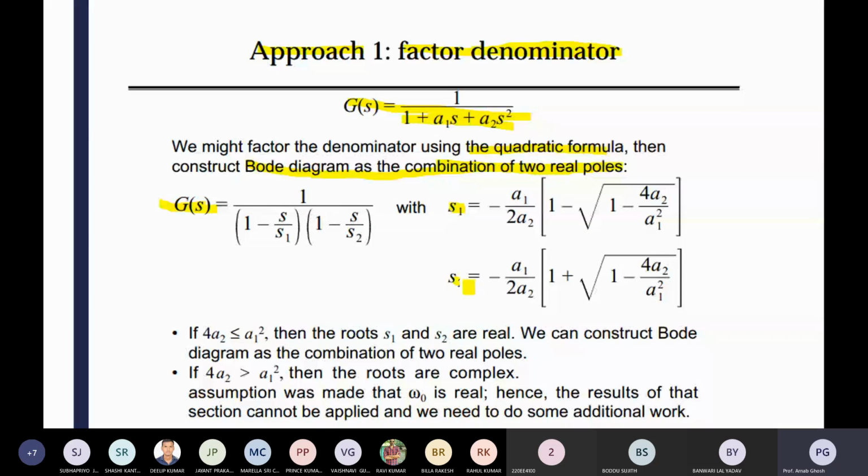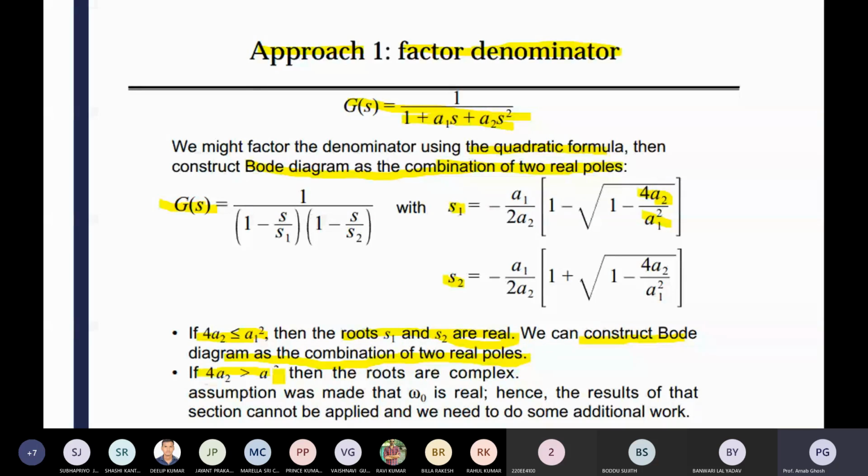If 4A2 is less than or equal to A1², that means A1² − 4A2 ≥ 0, then the roots S1 and S2 will be real and you can construct the Bode diagram as a combination of two real poles.